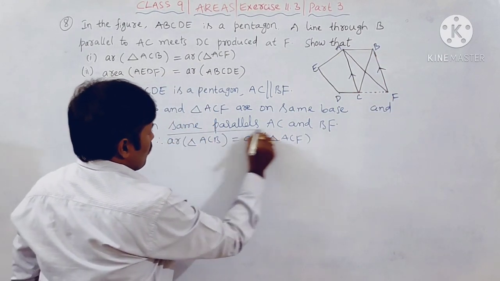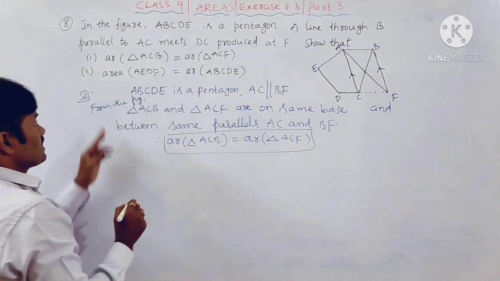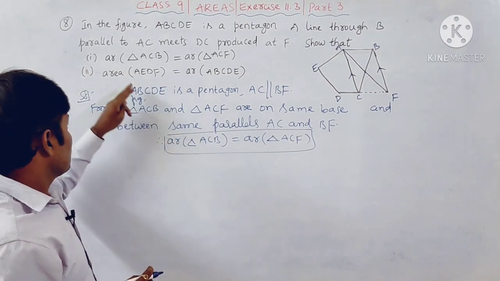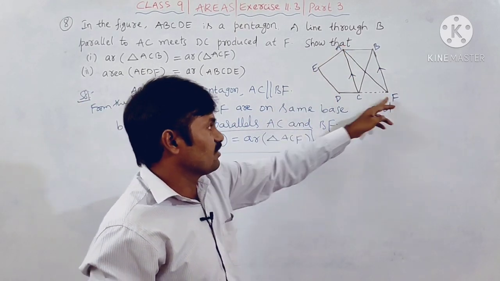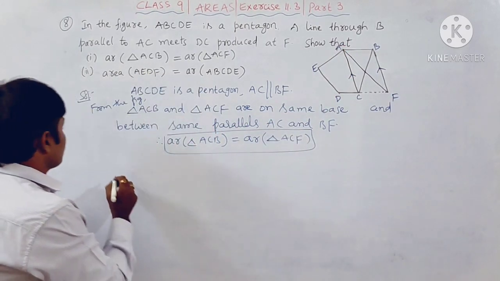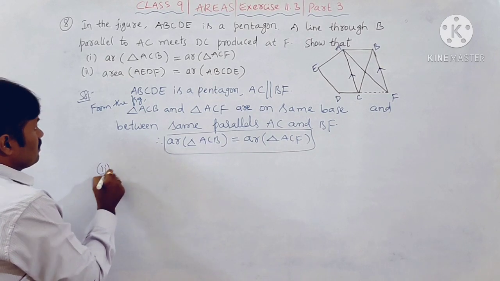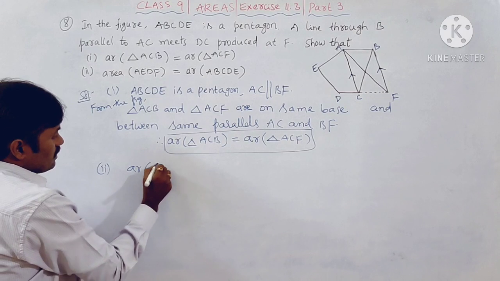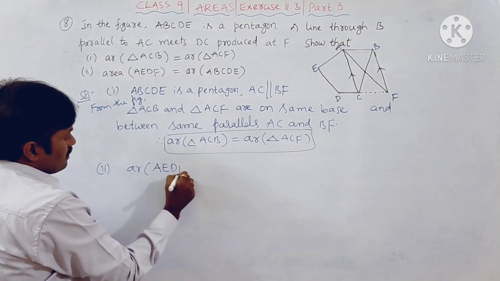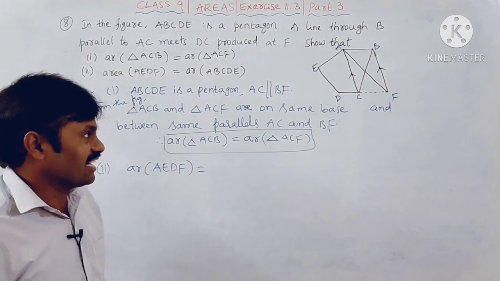Okay, now the second one. Area of AEDF. First write the left hand side part. Area of AEDF.